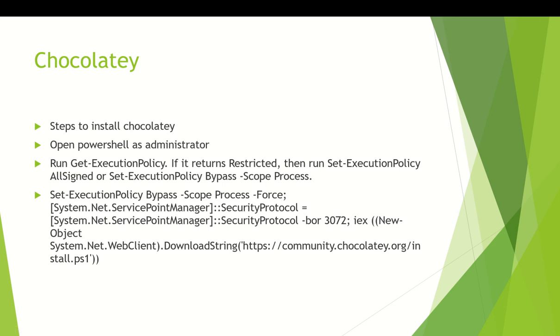Now we will go and do some practicals. So Chocolatey: this is not related to Git, but as part of my training, I thought of sharing some free tools which make your life easier.